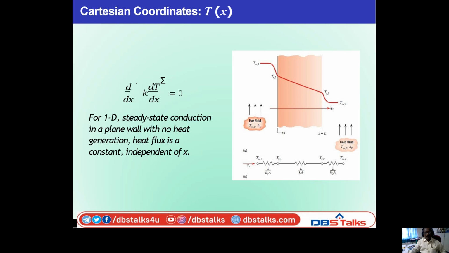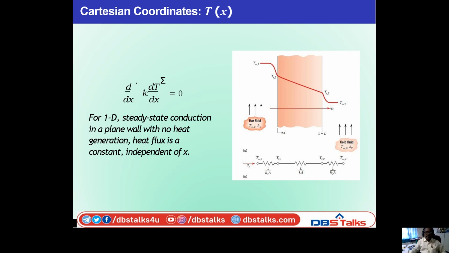What type of heat transfer will there be? From the hot fluid to the surface, heat is transferred by convection. In the plane wall, heat is transferred by conduction. On the cold side, heat is again transferred by convection.